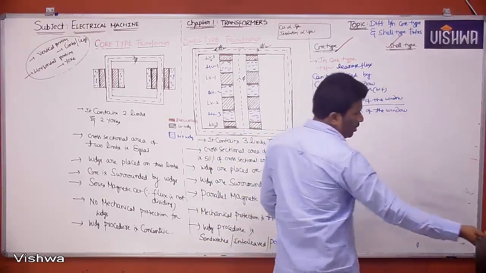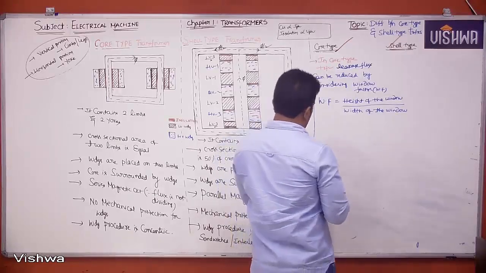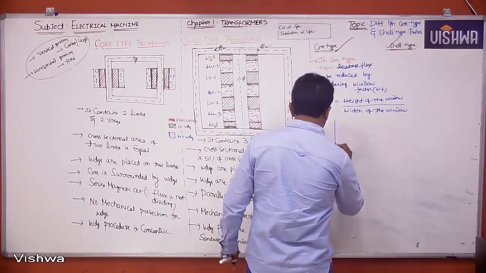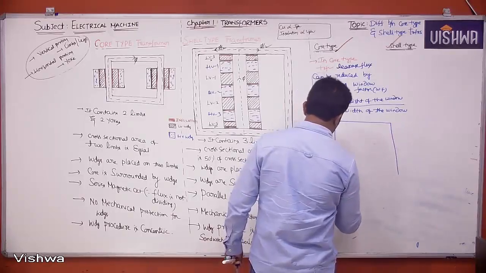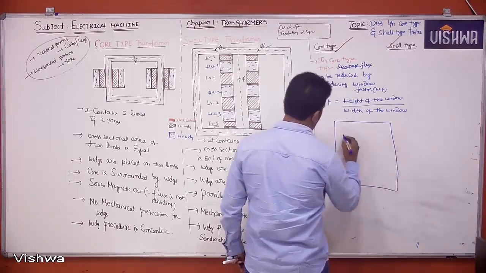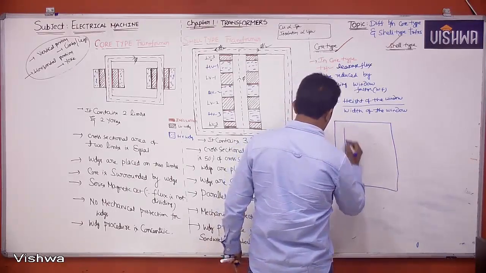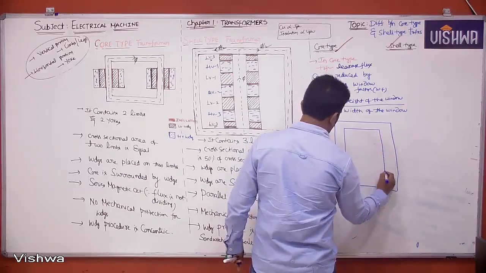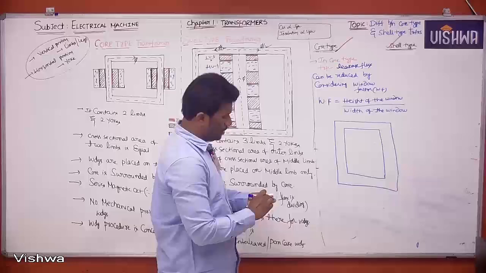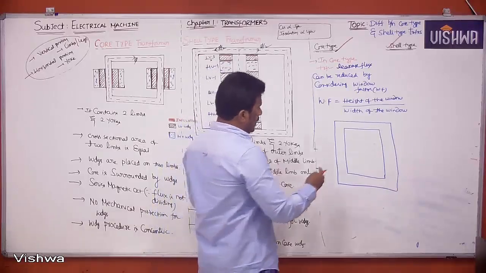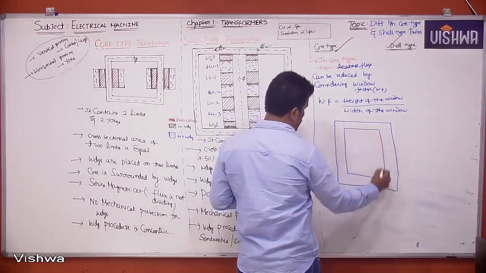Very simple. First of all, let me draw a transformer core like this. You can take this portion as the window.